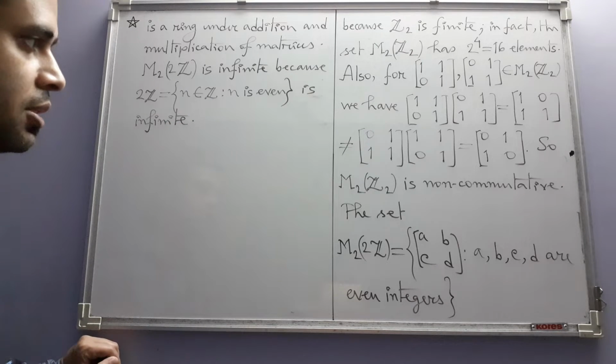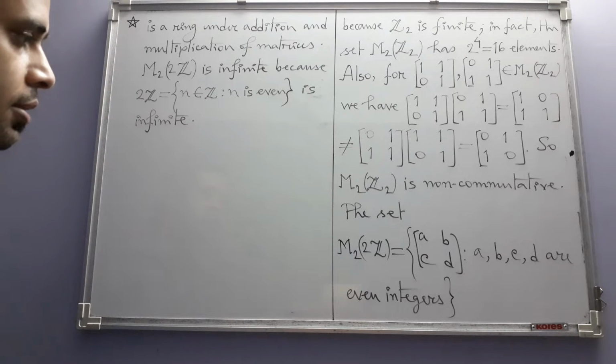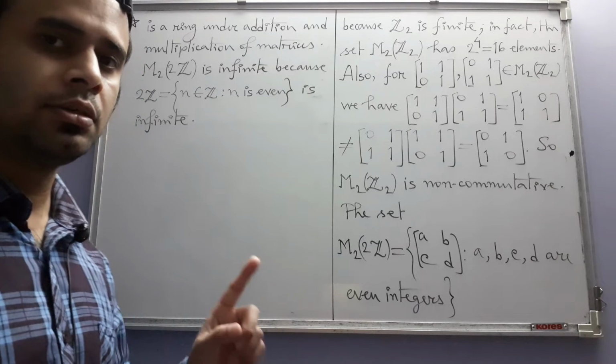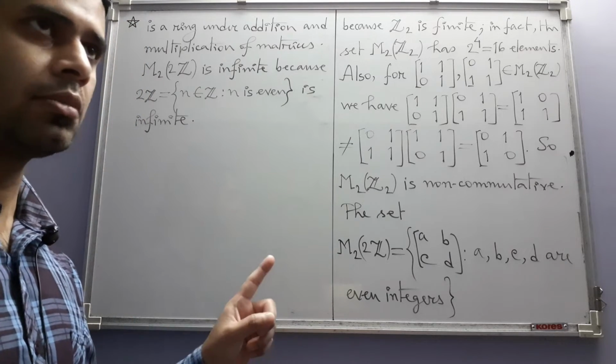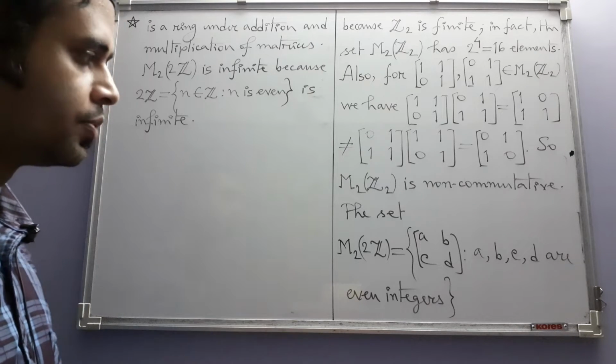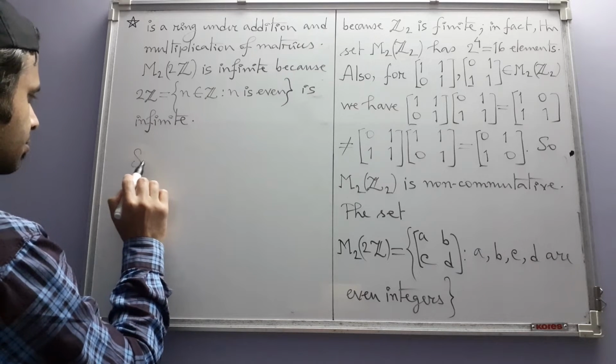Or if you want to be somewhat more rigorous in showing that this set is infinite, you can identify a subset of this set which has the same cardinality as some non-infinite set. For example, you can consider this subset.